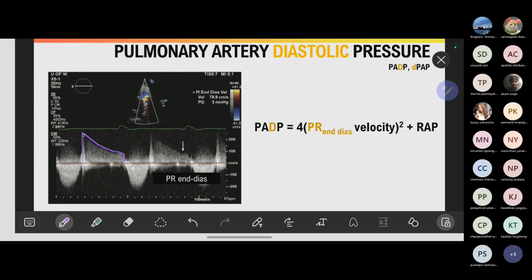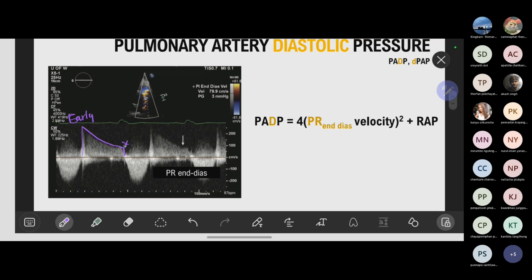It is a rapid rise in velocity in early diastole and gradual deceleration until the end of diastole or until the pulmonary valve opening. So PR velocity reflects the PA to RV diastolic pressure difference.